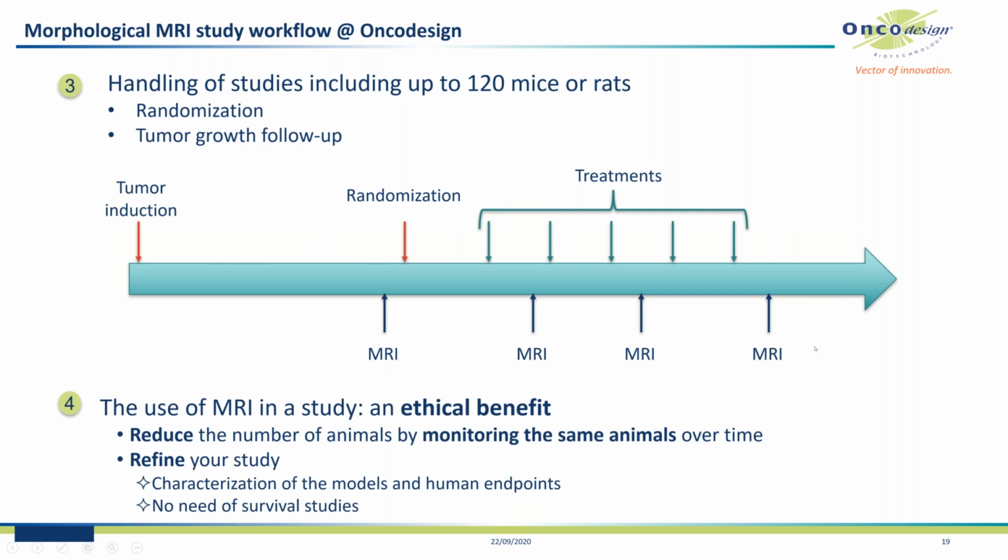The use of MRI in a study is also an ethical benefit, because you can reduce the number of animals with a monitoring of the same animals over time, and it's also a refinement of your study because you have fully characterized orthotopic models.